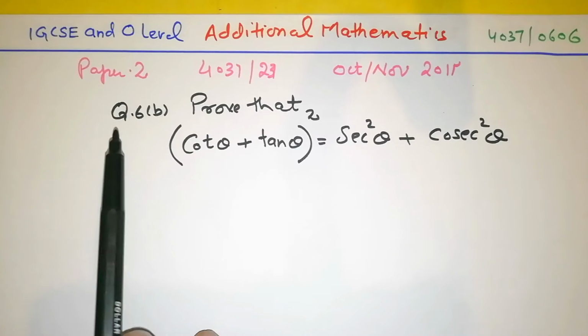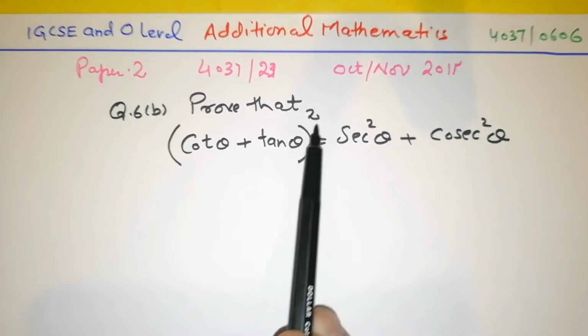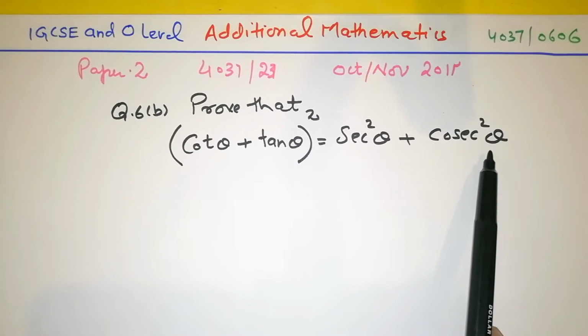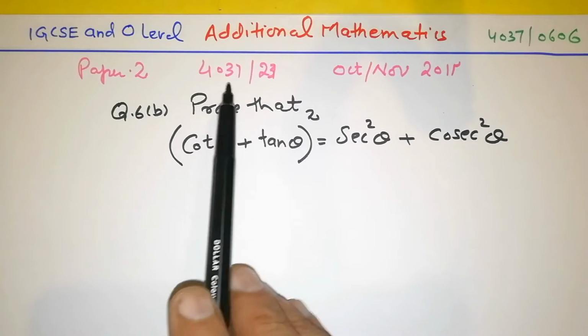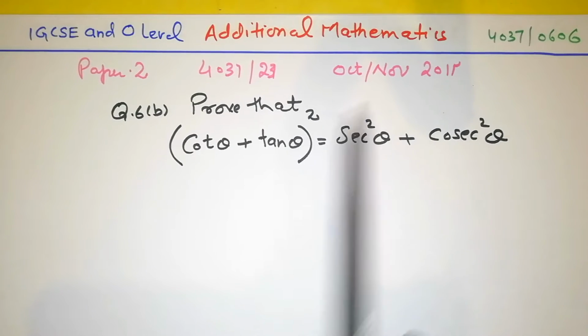Okay, students, now see this question number 6, B part. Prove that cotangent theta plus tangent theta, all squared, is equal to this term. This is in your Paper 2 exam, October November 2012.